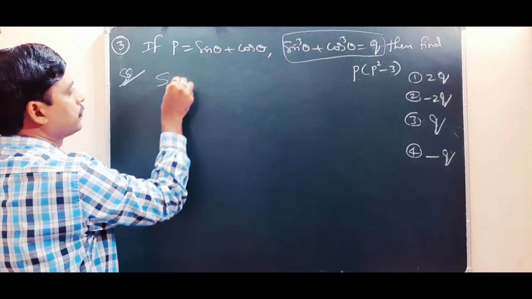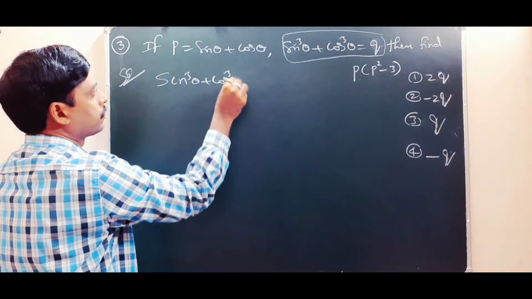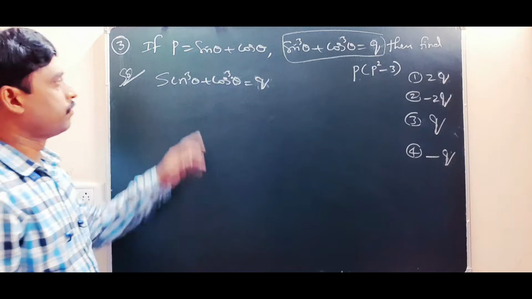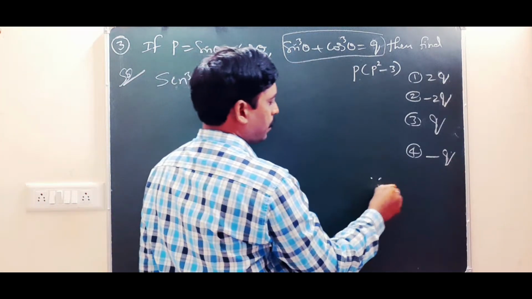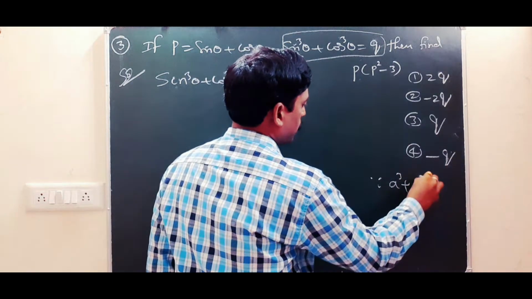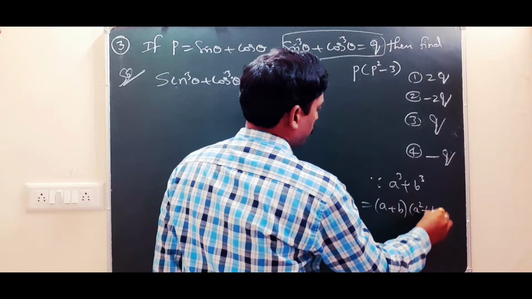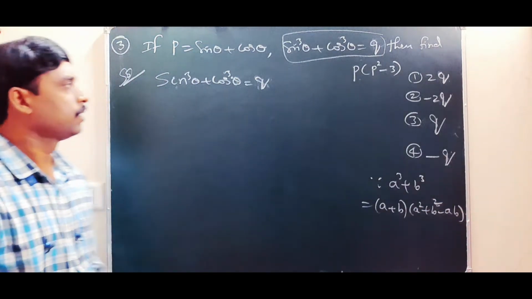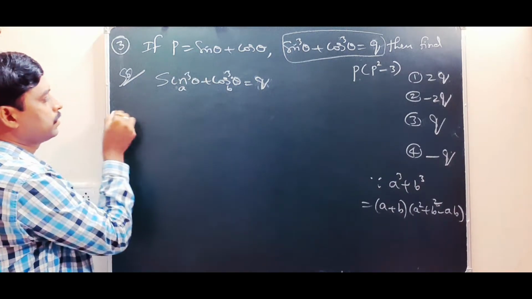Sin cube theta plus cos cube theta equal to q. We have the a cube plus b cube formula: a cube plus b cube is equal to a plus b into a square plus b square minus ab. Okay. So where a is sin theta, b is cos theta.